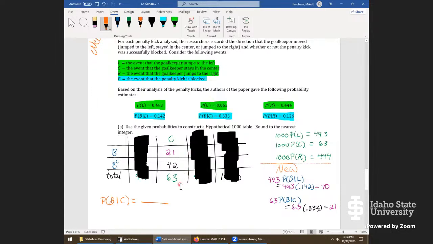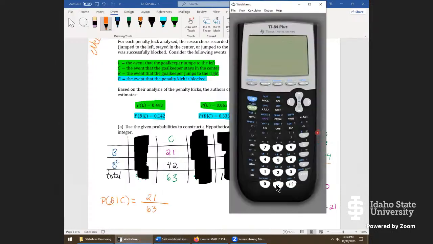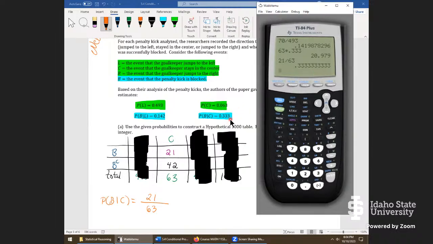Then we would take 63 for the denominator. B would be blocked. There's 21 potential outcomes, so 21 would go up into here. Then we would just take 21 divided by 63. And that's where the probability of 0.3 repeating was coming from.